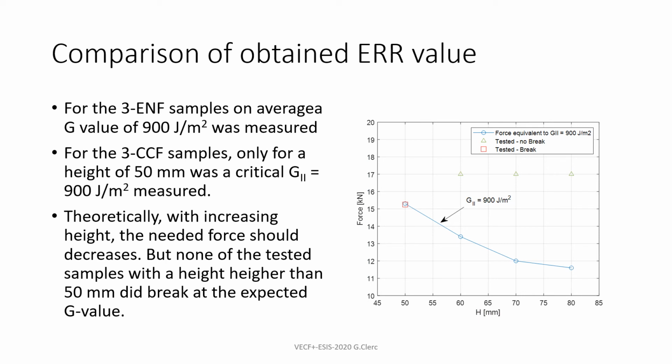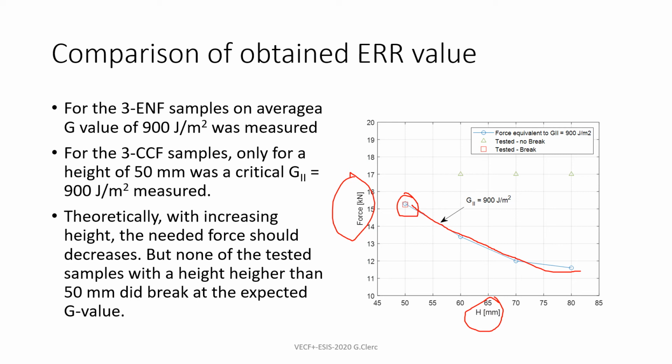It's what I show in this graph. Here we have the force in kilonewton, here the height of the sample, here that's 50 millimeter, and this line shows which force is needed to break a sample given its height. So we see that for a 60 millimeter sample, we need 13.2 kilonewton to reach this energy release rate of 900.